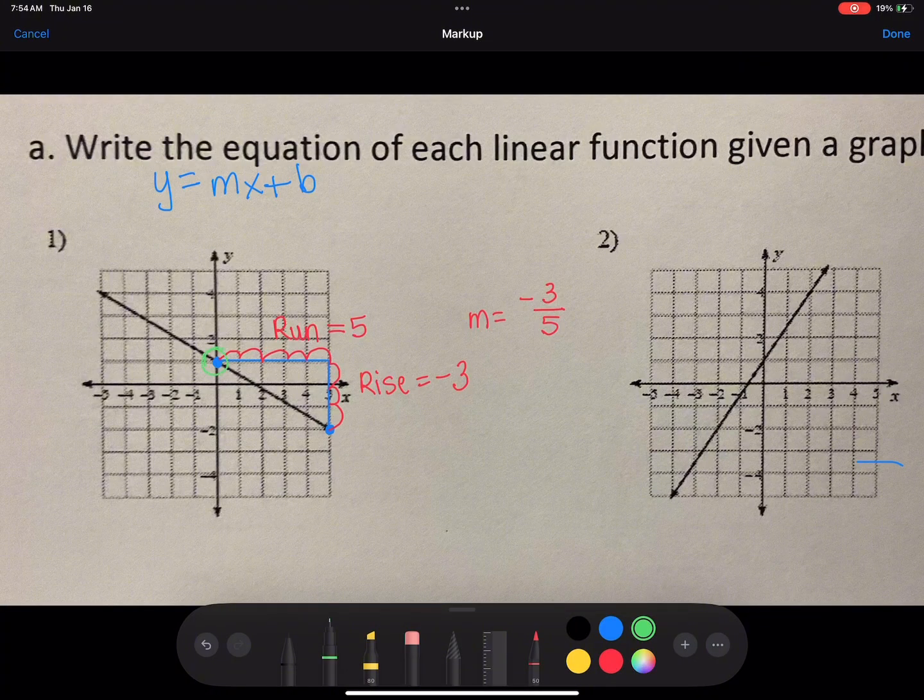Now I've got to find my y-intercept, my value for b. And that's found by finding the point on the line that the graph crosses. In this case, our graph crosses at +1 on my y-axis, giving us the equation y equals -3/5 x plus 1.